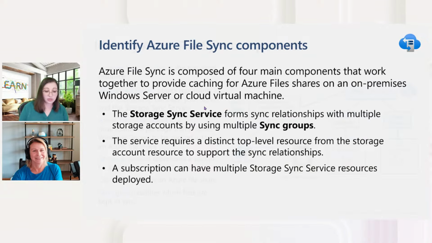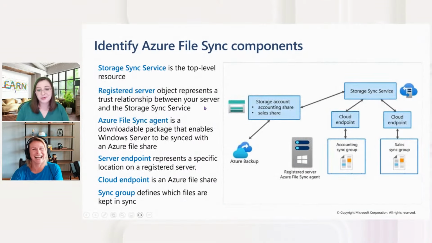So it looks something like that. Right, so we have, it's an illustration. Yeah, we have the top-level resource, the storage sync service. It's a regional service, so you can deploy it anywhere across the regions of Azure and match it to your storage account location. You have your storage account, which contains your file share.